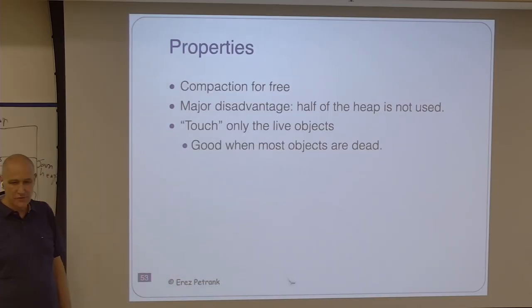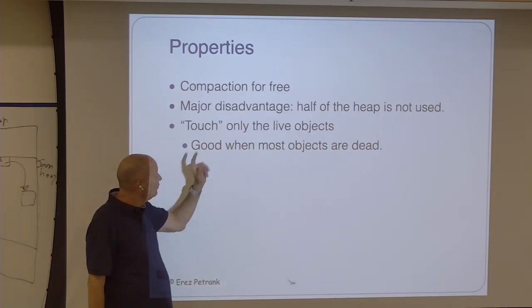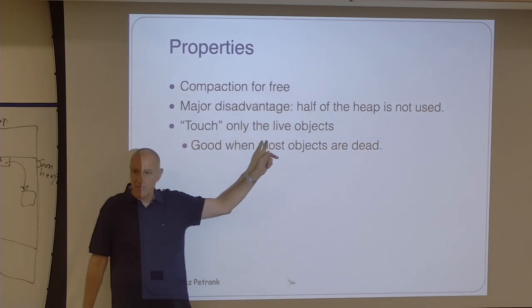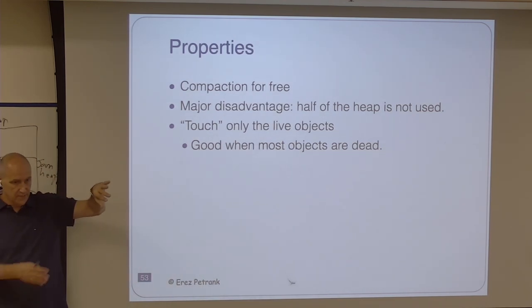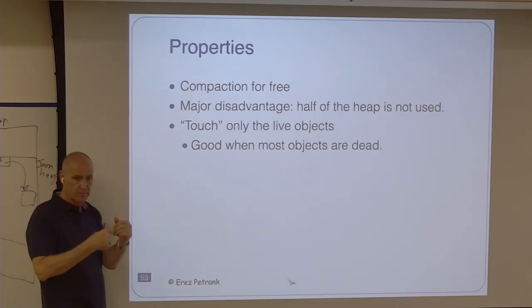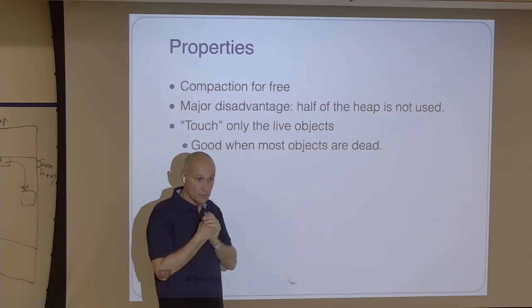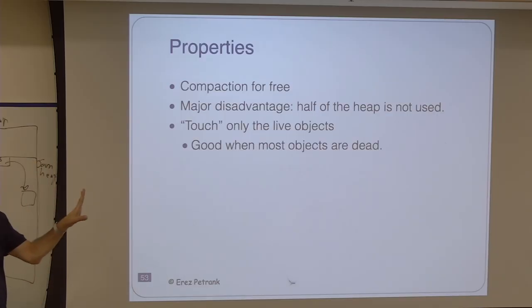So you don't want to do it for a huge heap. The good thing is you touch only the live objects, so you don't have to go sweeping the entire heap. You just touch the live objects, you copy them, and then you just forget about the space that you've used so far. Okay, questions about copying?